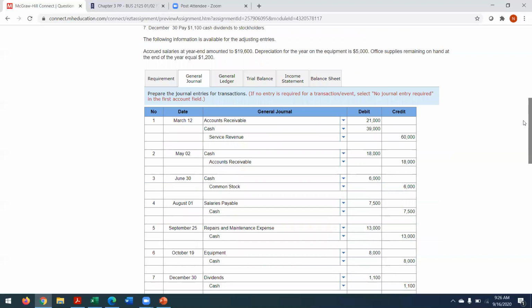Is this making sense to you all? Anybody? Yeah, I understand the entering general journal entries, but I got stuck a little bit later in this problem. Okay, so we're going to keep going on, guys, okay?